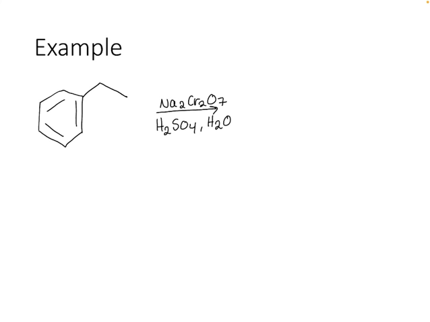So this will make chromic acid. What kind of product would we get there? So if you want to pause the video and try this on your own first, you can. And when you unpause, we'll go over it together.